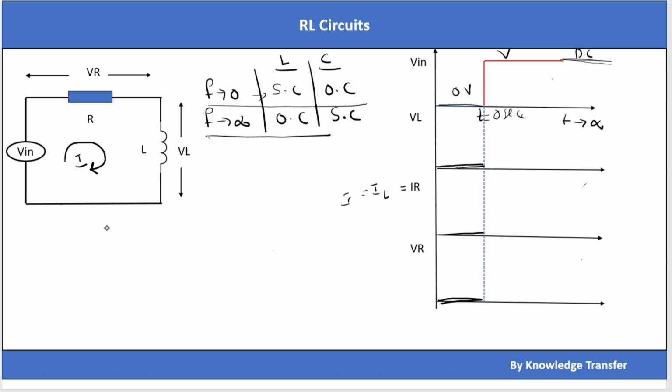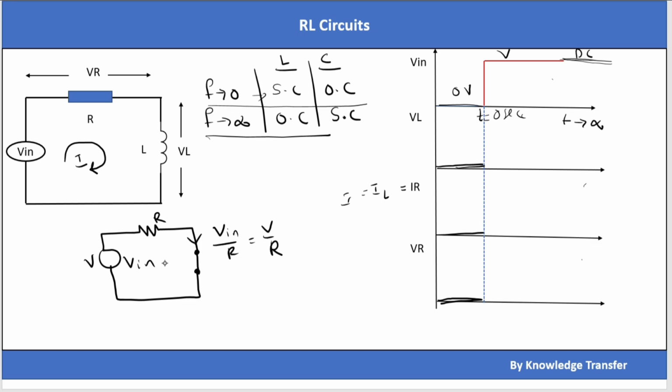So as t tends to infinity, I can replace the inductor with a short circuit, and this is Vin equal to V volts, and R. Because this is a short circuit, the current flowing through the circuit is equal to Vin divided by R, which is V divided by R, and the voltage across the resistor is Vin only. So IR is equal to V divided by R, and voltage across the resistor is Vin, Vin equal to V volts.